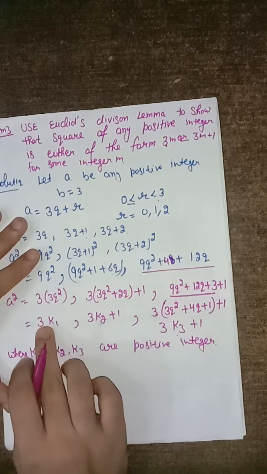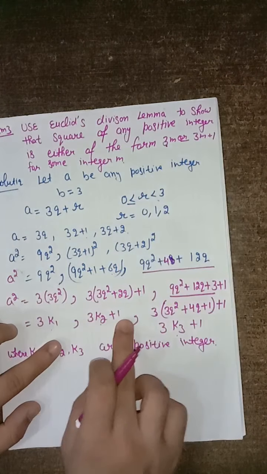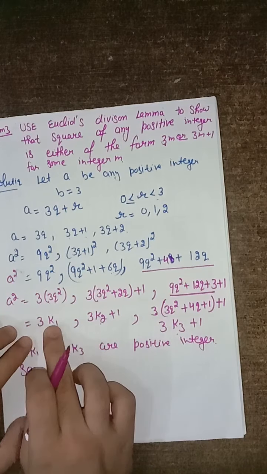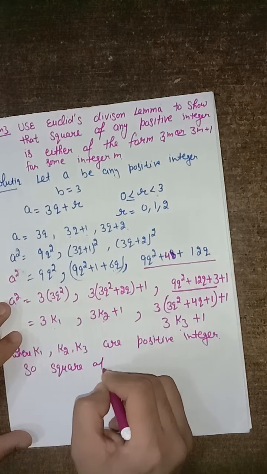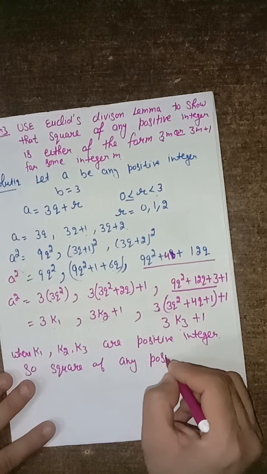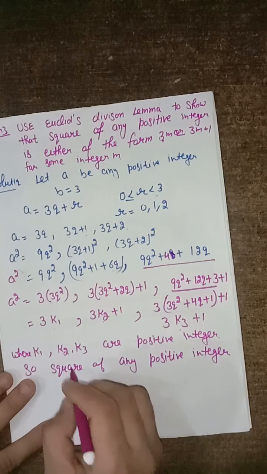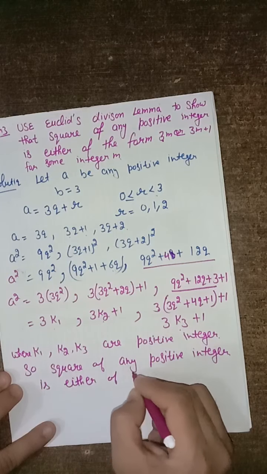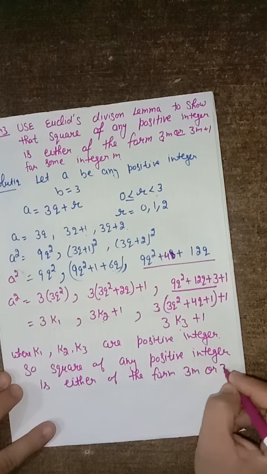So all these are of the same form, that is 3m or 3m plus 1, because this is 3m plus 1, this is 3m plus 1, or this is 3m. So the square of any positive integer is either of the form 3m or 3m plus 1.